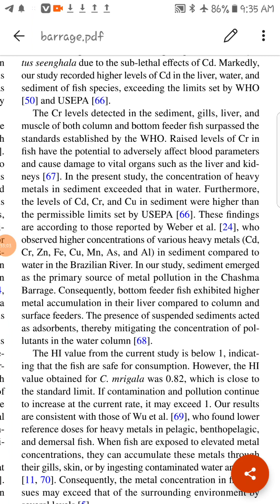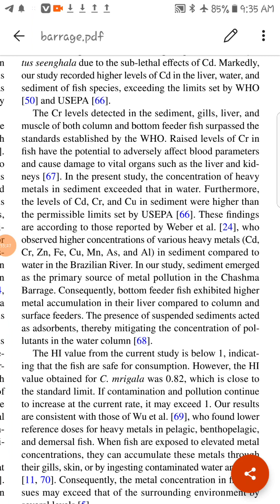However, the hazard index value obtained from Marigala, which is the bottom feeders, was 0.82, which is close to the standard limit. So if contamination or pollution continues to increase at the current rate, it may exceed 1.